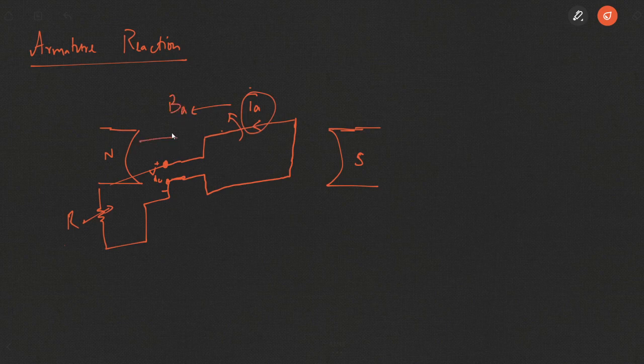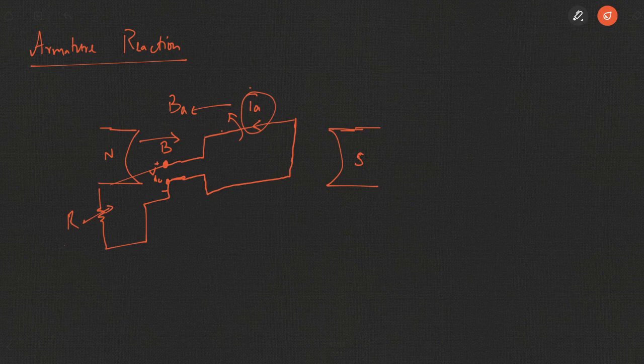If the main magnetic field was represented by B, since it's an alternating current flowing through the armature windings, this will produce a magnetic field of its own, which I am showing here by BA.